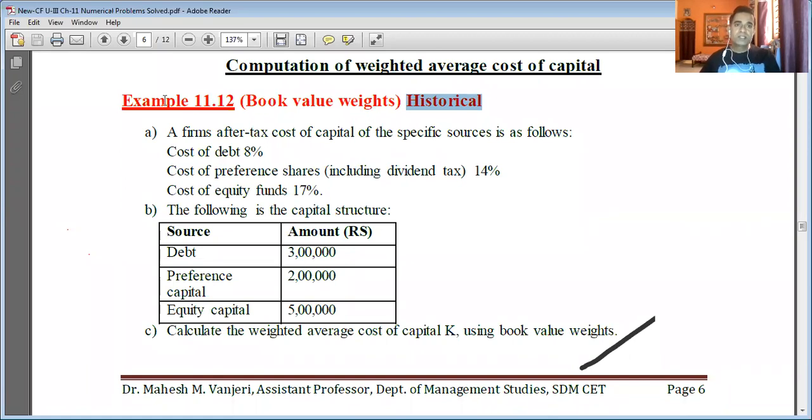In the previous class, we already learned how to compute weighted average cost of capital using book value weights, which are one type of historical weights. Today I'm going to discuss how to compute weighted average cost of capital using another type of historical weights, that are market value weights.